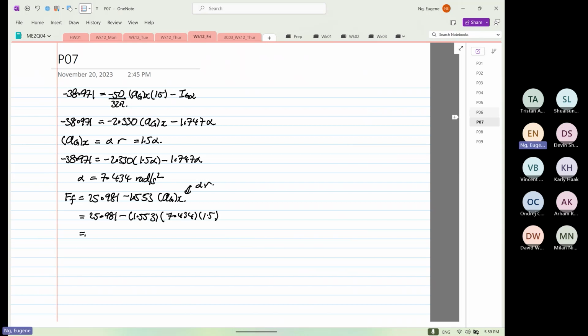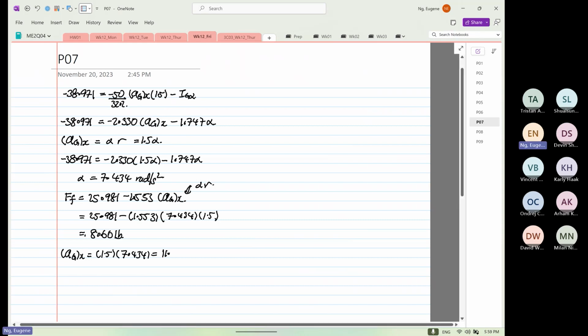So this will be equal to 25.981 minus 1.553 times 7.434 times 1.5, which is 8.66 pounds. And then finally, AGX is equal to 1.5 multiplied by 7.434. So this is equal to 11.151 feet per second squared.